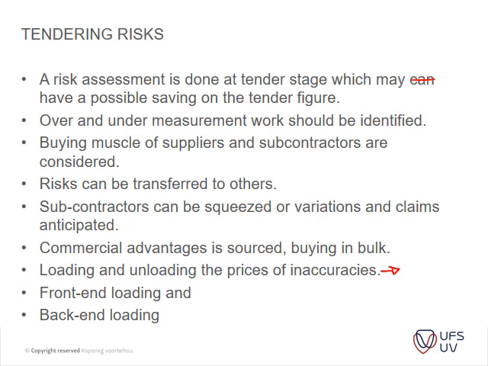Another example is loading the items that you will use first in your project to improve your cash flow. But we'll discuss that a little bit later during the course, on what specific things one can do to be more competitive with your tenders.